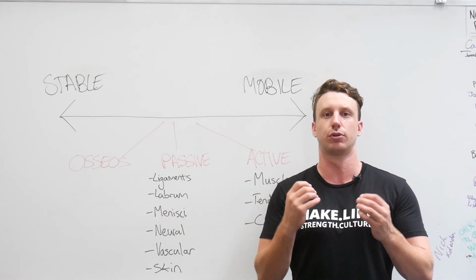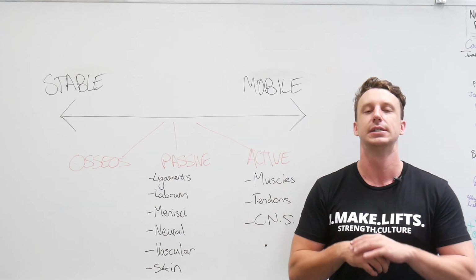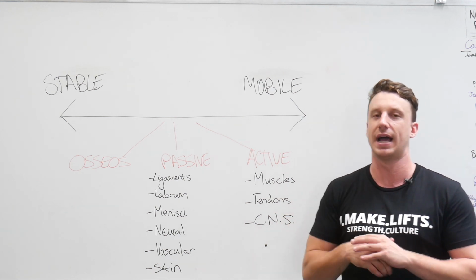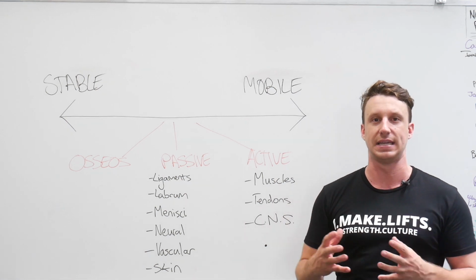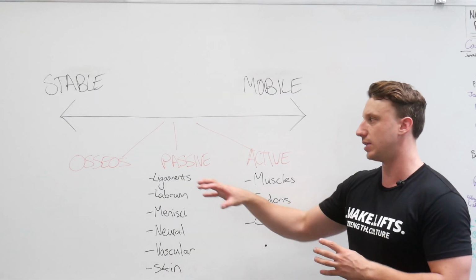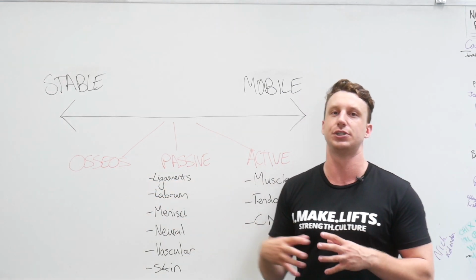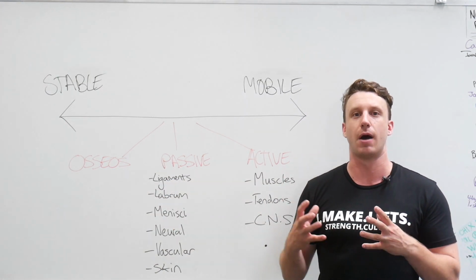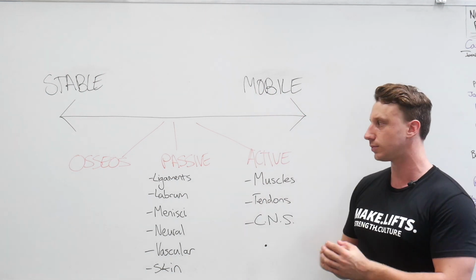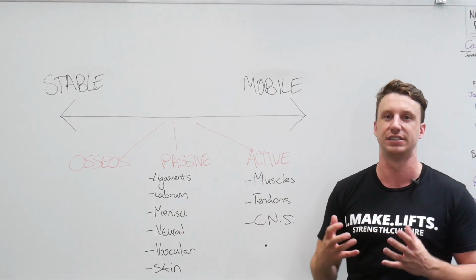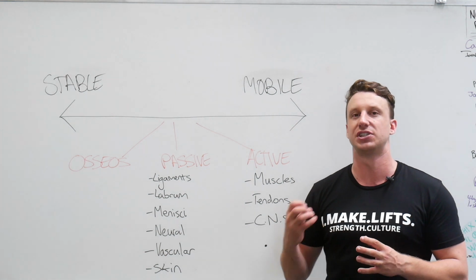Yes, we have small degrees of range of motion in rotation and the frontal plane, so abduction and adduction, but for the most part, the only available plane of motion of the knee is flexion and extension. So that would be an example of how the osseous formation would affect how mobile the joint is.